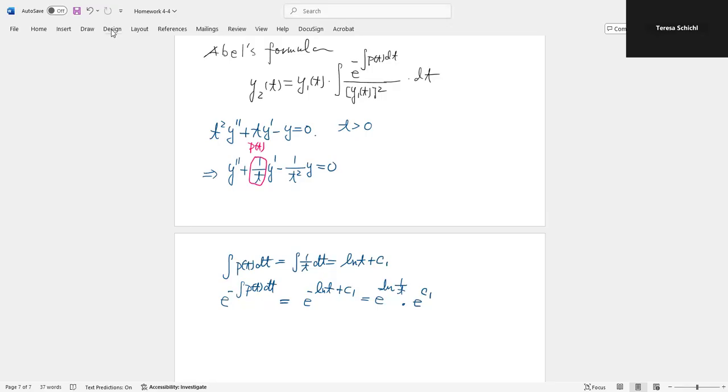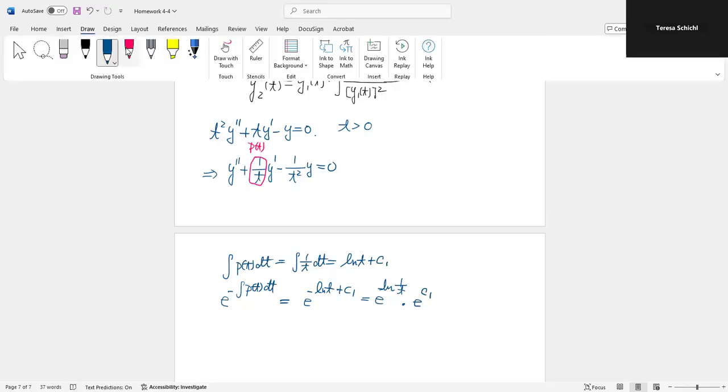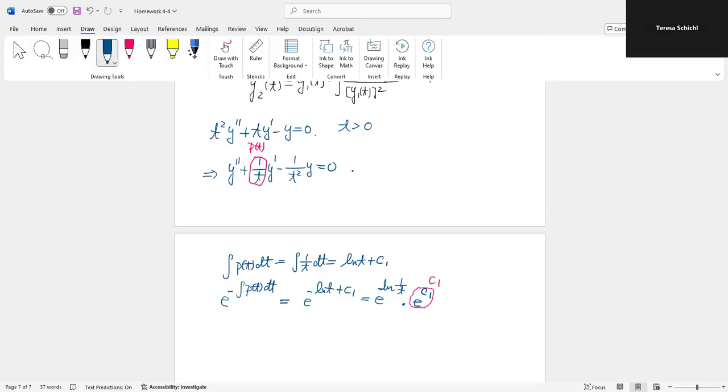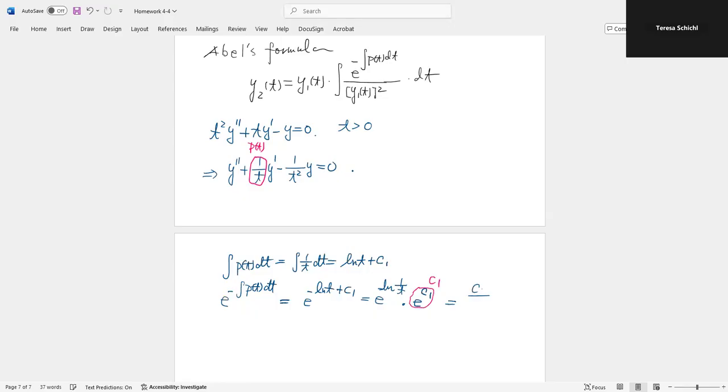I can reassign this as another constant c1. Then e and the natural log cancel out, so I have c1 over t.